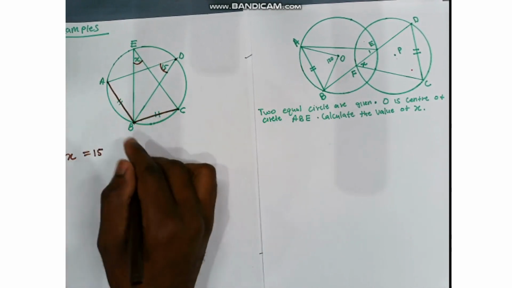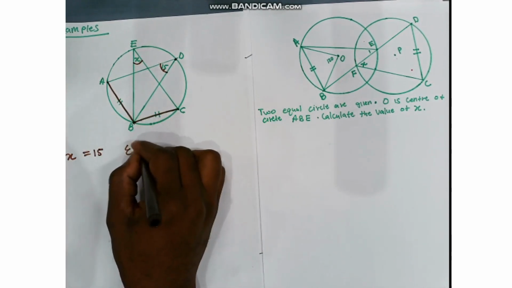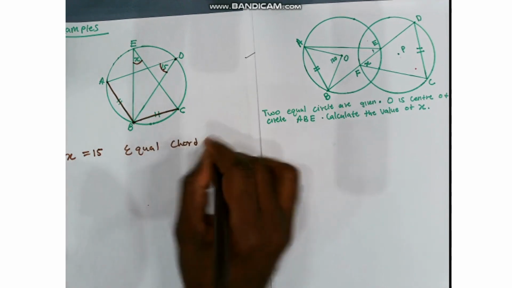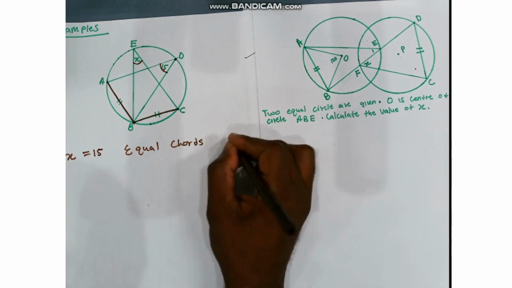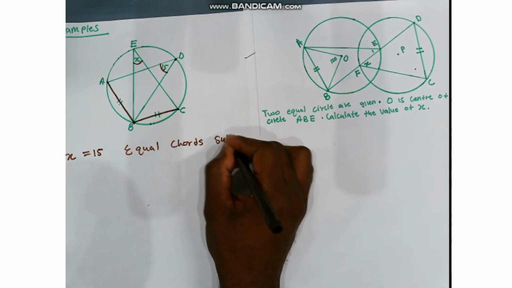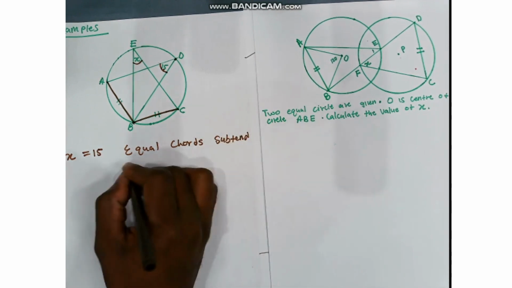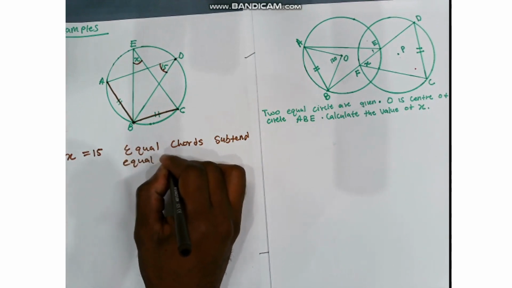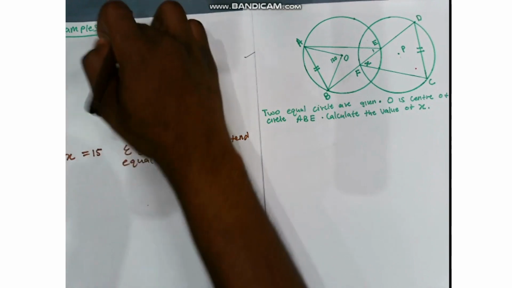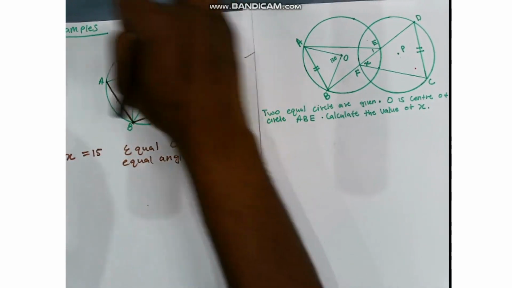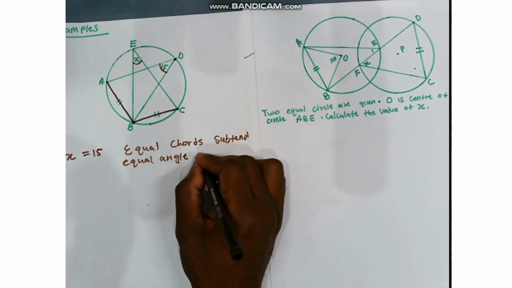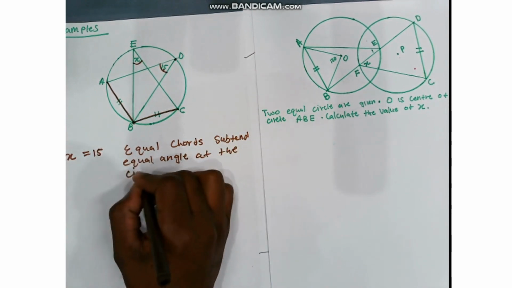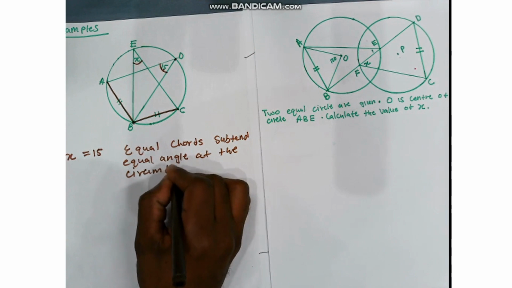equal chords subtend equal angles at the circumference.